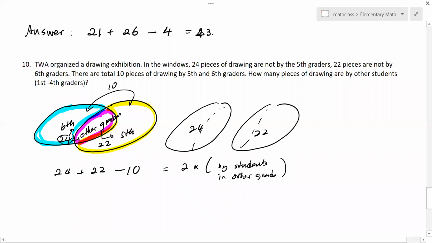So when you add 24 plus 22 and subtract the drawings by the sixth grade and fifth grade, you get the intersection part. So the answer will be 24 plus 22 minus 10, divided by 2. It's 18.